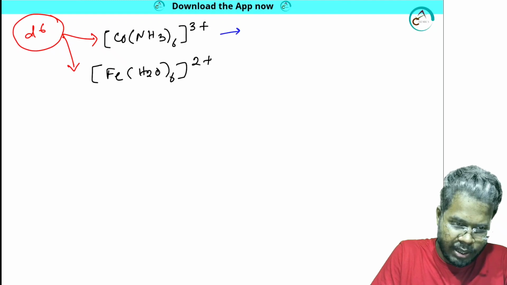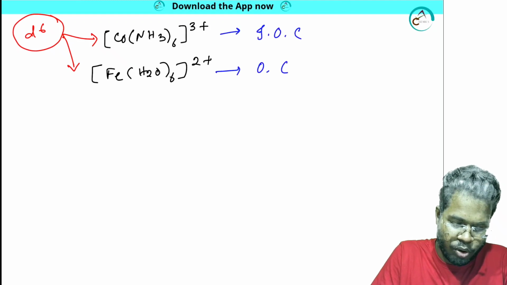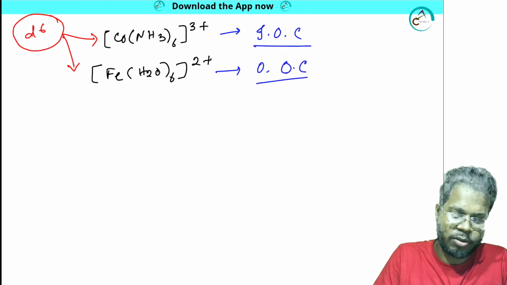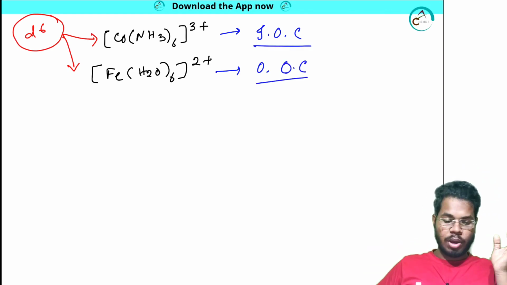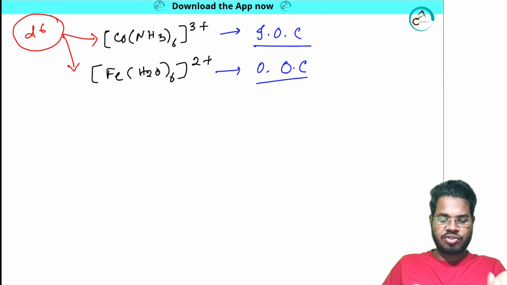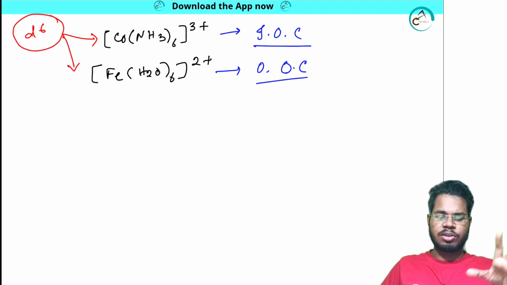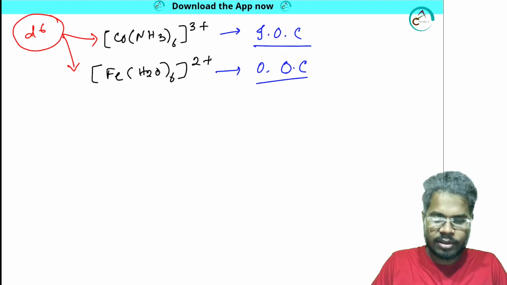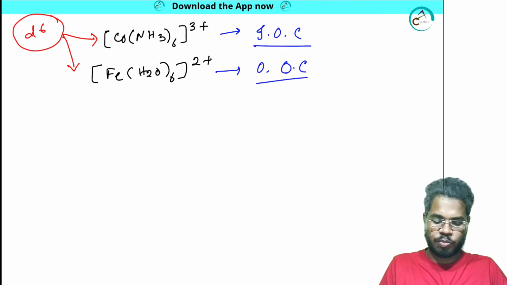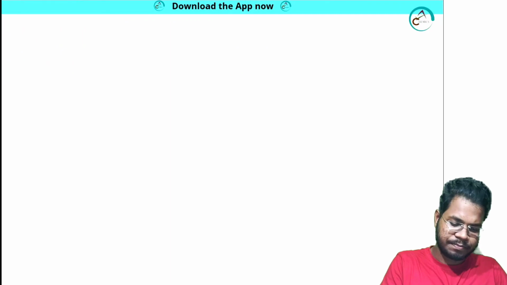So this is our inner orbital complex, IOC, and this is OOC, outer orbital complex. Do the VBT, find the hybridization, find the structure from the hybridization, tell which is IOC and which is OOC, and upload the picture in the corresponding English batch group. So this is your homework.